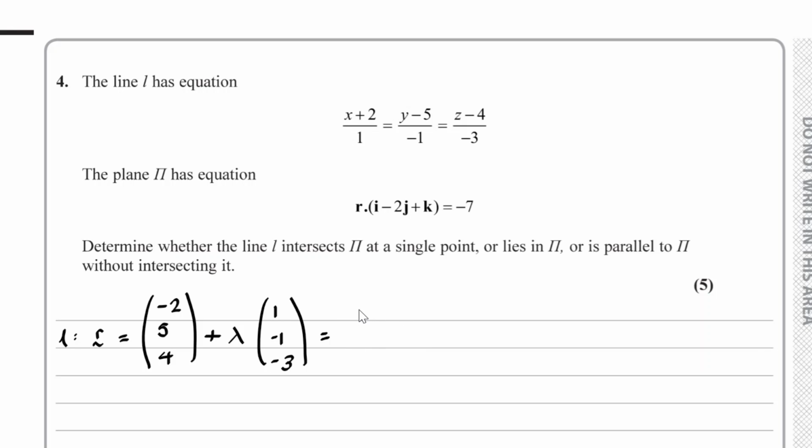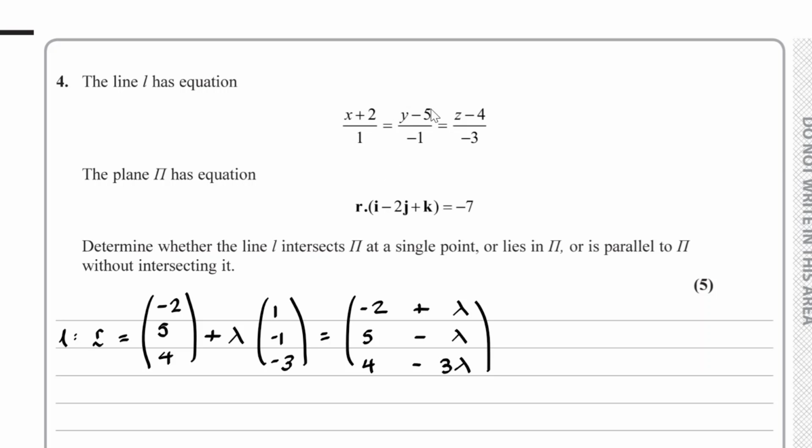If you want to write this as a single vector, we have minus 2 plus lambda, 5 minus lambda, 4 minus 3 lambda. And obviously for the plane pi, we've got this over here.